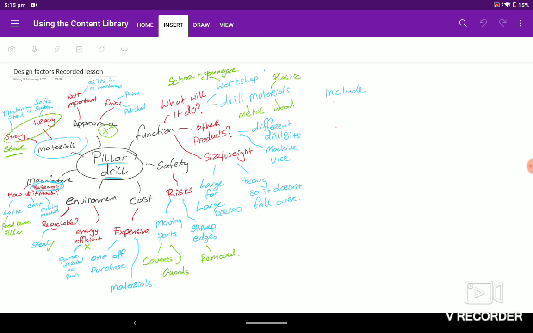For function: what will it do, other products, size, weight. There's 3 straight away. For the likes of safety, risks can be difficult. I have 2 included there, so risks, and then 1, 2, so there should be 3. Some of them you won't be able to get 3, but for the likes of appearance, materials, manufacture, function, you should definitely be getting 3. For function, 3 should be the minimum.